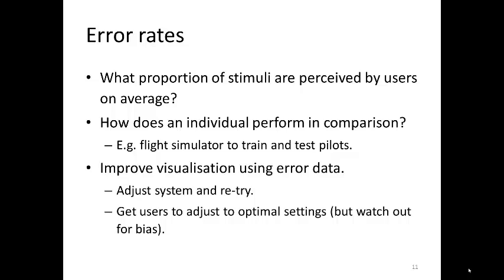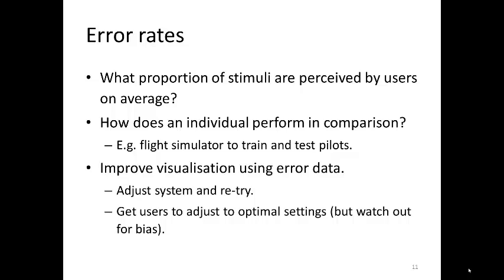Okay, so you could use your evaluation to discover things about error rates to do with human perception. So, what proportion of stimuli are perceived by users on average? That might be one way of doing it. So you could get 100 people to use a visualization and discover how many of them can tell the difference between those two lines.